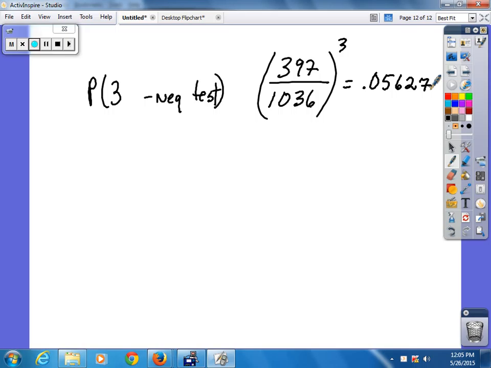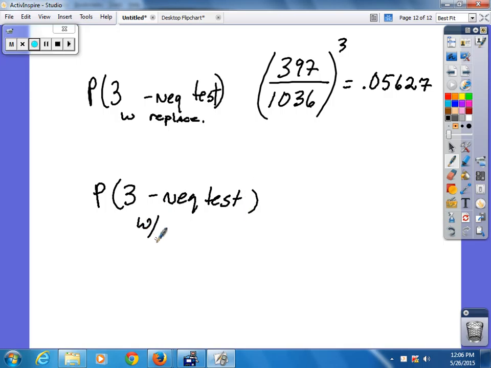Okay, everybody with me? That's with replacement. But notice, you've got more than 3 digits over 3 digits. So you're talking about some big numbers here. Probability of 3 negative test results, and this is without replacement. That's where you put the one you drew in the pocket, and that leaves 1 less over 1 less.